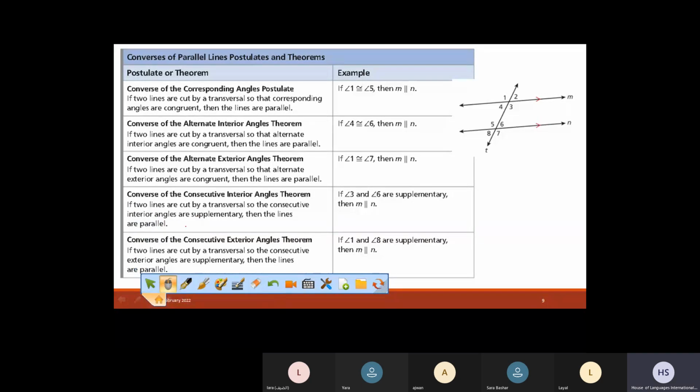Now, converse of consecutive exterior angles. The exterior angle is important. Now he asked us about consecutive exterior.